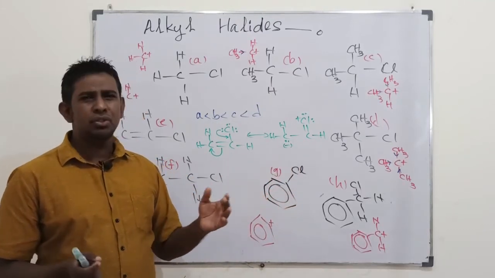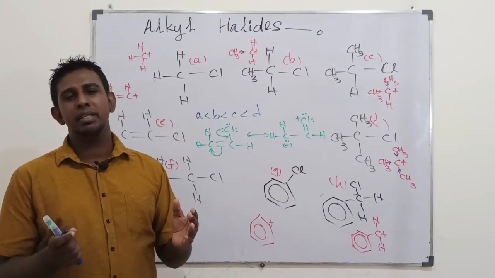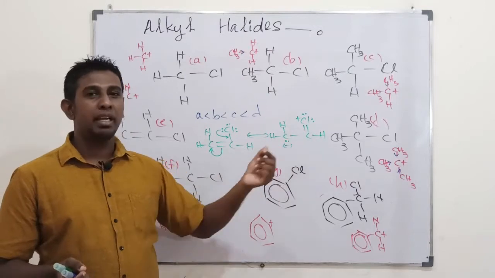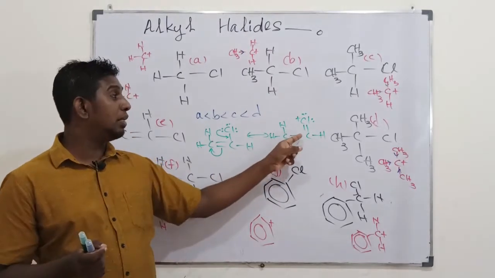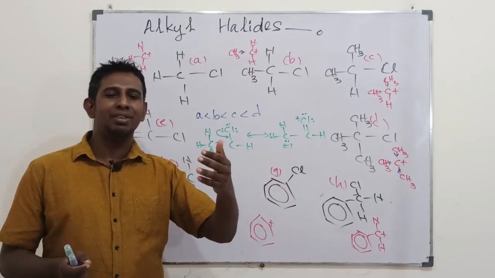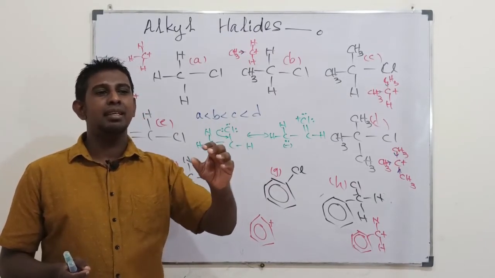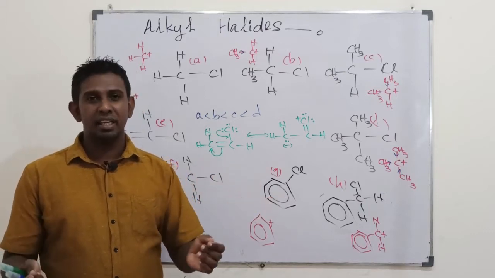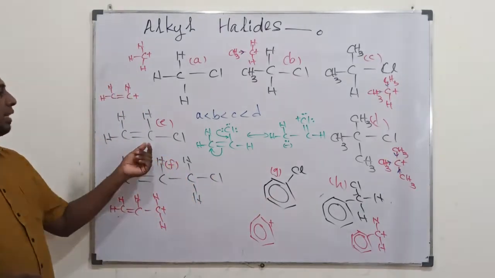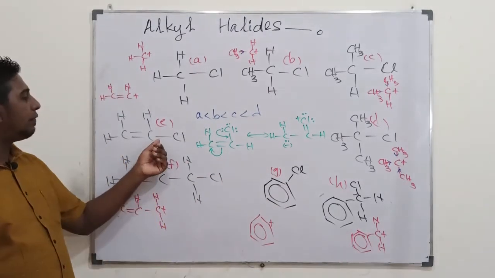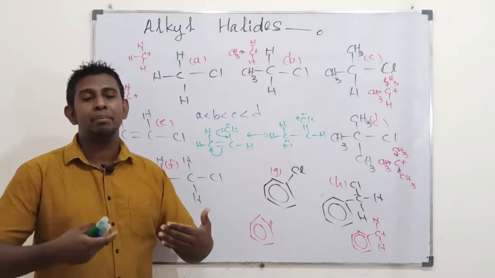Then students, when you consider their resonance hybrid, you could expect partial double bond character between carbon and chlorine. Therefore, the cleavage of that C-Cl double bond, or let's say partial double bond, would be difficult. Therefore, normally this chlorine does not leave. Leaving of this chlorine is not going to happen.